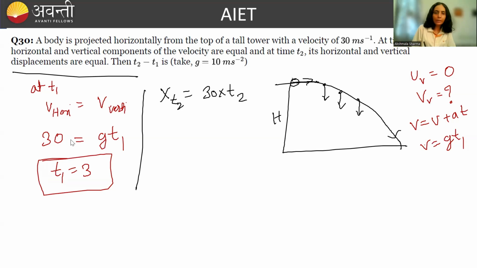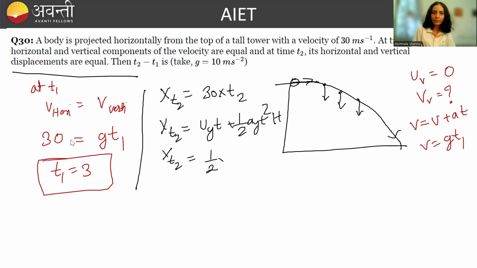And what will be the vertical displacement? Vertical displacement can be written as uy t plus half ay t square. So y at t2, what can we write? uy is 0 initially, half into 10 into t2 square, right? So this is 5 t2 square.